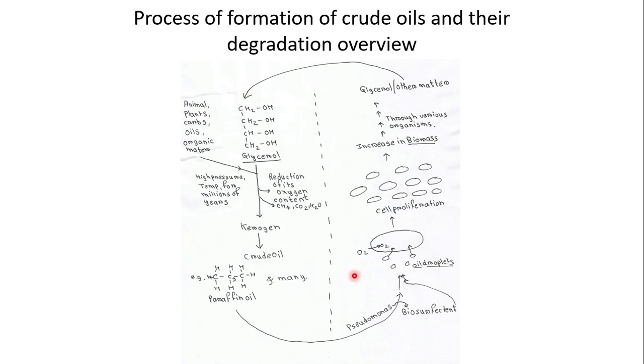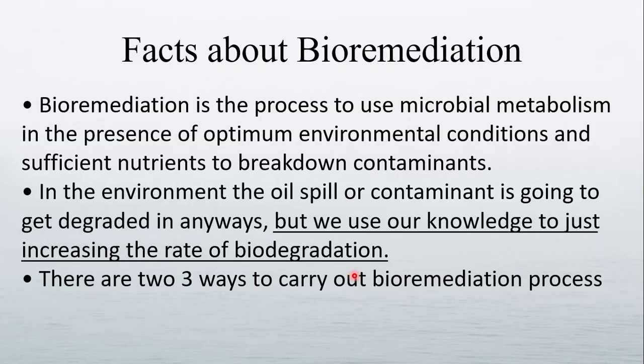Until now we have learned about the conceptual understanding of this topic. From the next slides, we will take a look at some facts, some definitions, and the processes and types of processes of bioremediation. So, bioremediation is the process to use microbial metabolism in the presence of optimum environmental conditions and sufficient nutrients to break down contaminants.